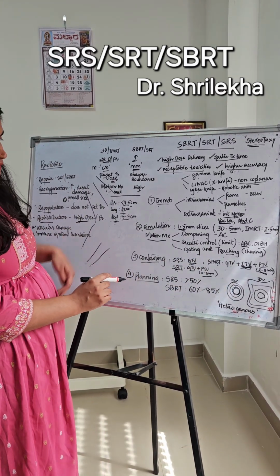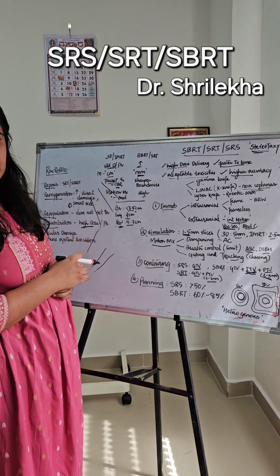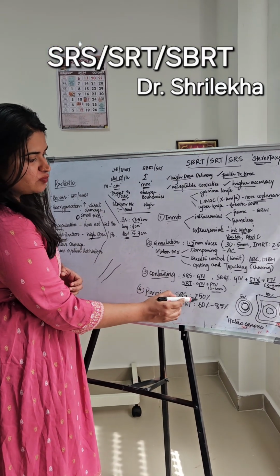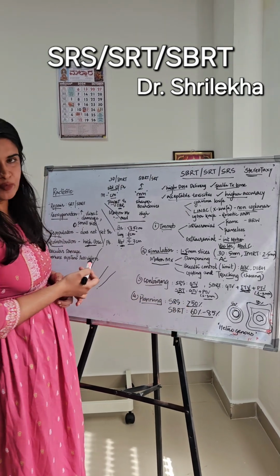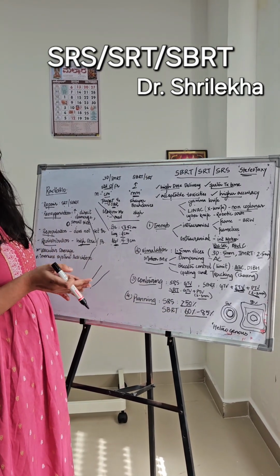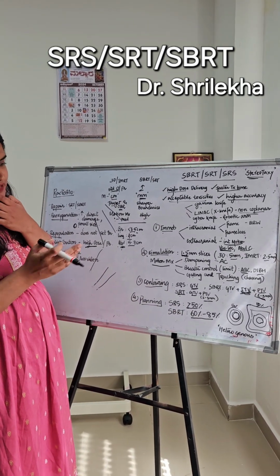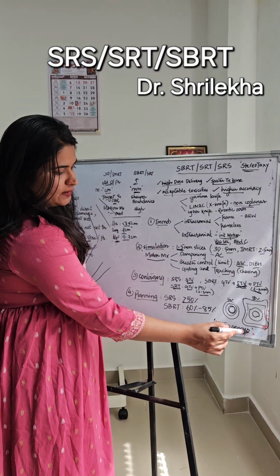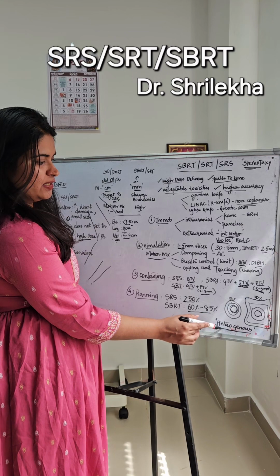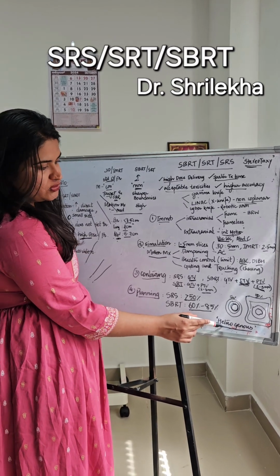Coming to planning, the coverage that we expect in SRS is at least more than 50%. In SBRT, it is 60 to 85%, which is in contrast to IMRT and 3D CRT, where we expect at least 95 to 100%. Now, one more thing is that the treatment in SBRT is heterogeneous.